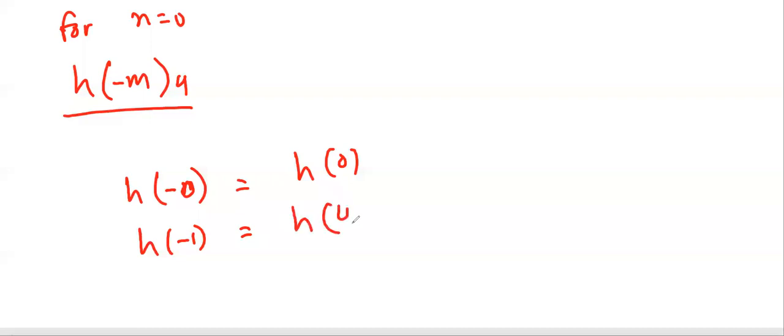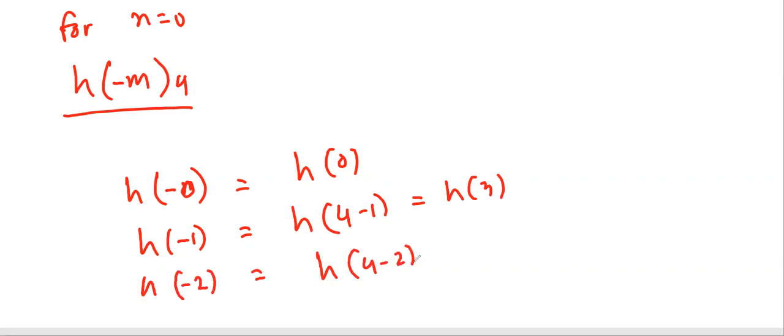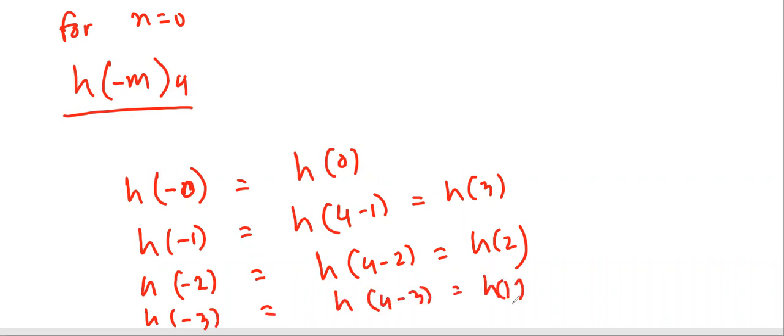You should write 4 minus 1, that is equal to h3. Similarly, h minus 2 is equal to h4 minus 2, that is h2. And if we move to h minus 3, that is h4 minus 3, that is equal to h1, which we have already mentioned in the earlier section.